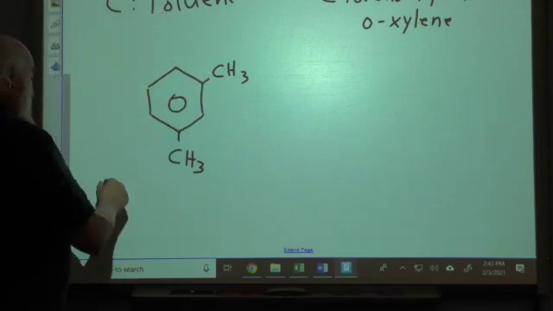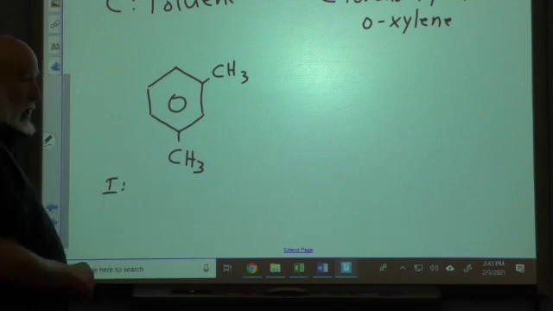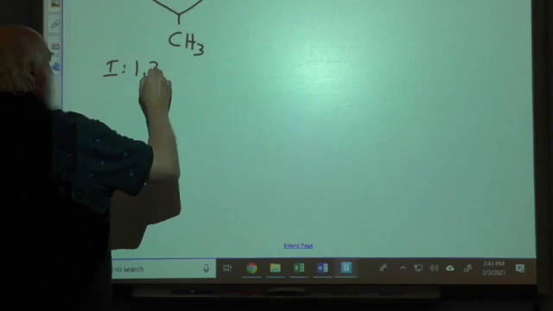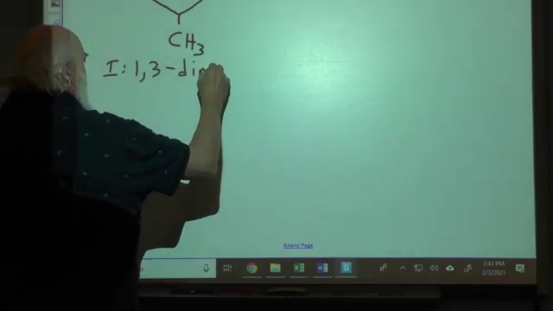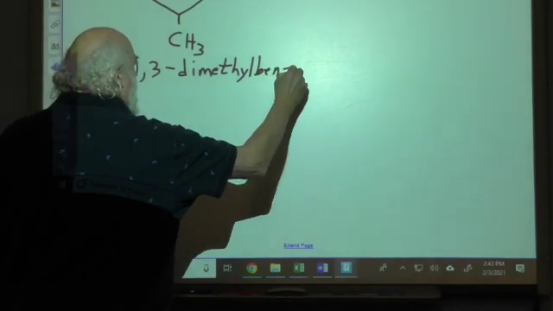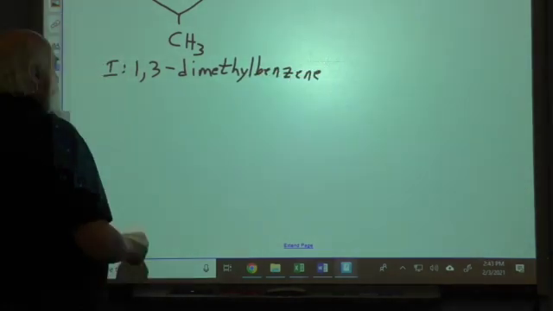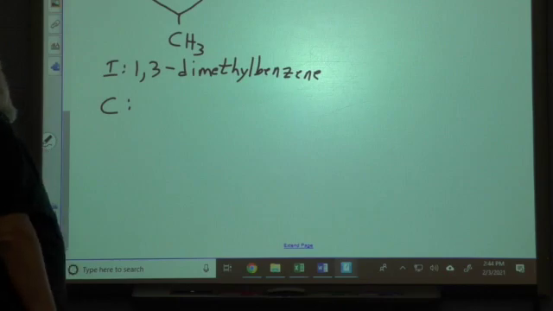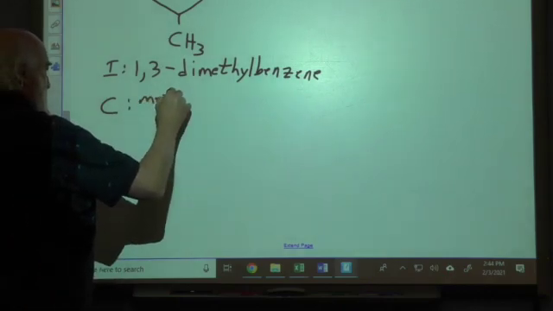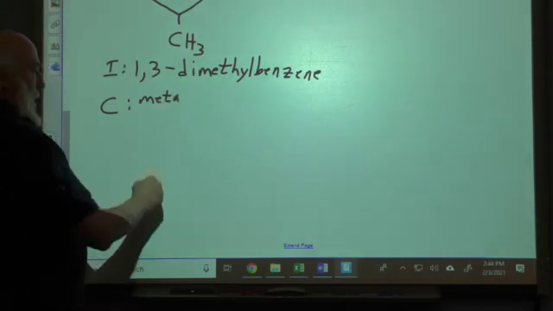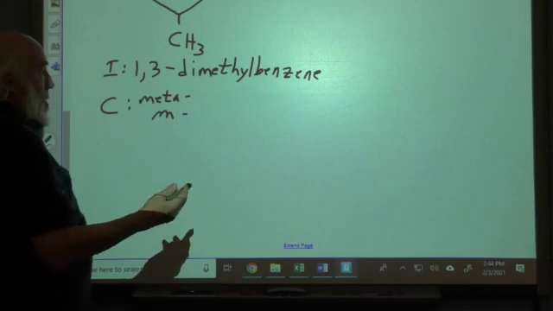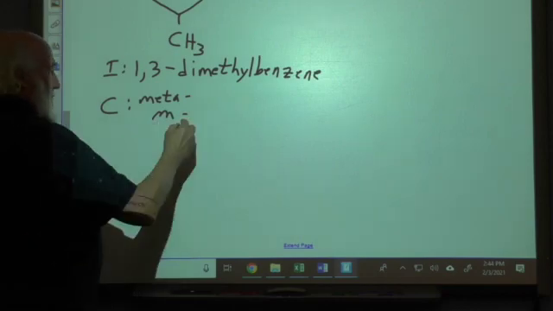So the IUPAC name, the logical name, is 1,3-dimethylbenzene. Common name, meta, or M. And again, they don't call it dimethylbenzene, they call it xylene.